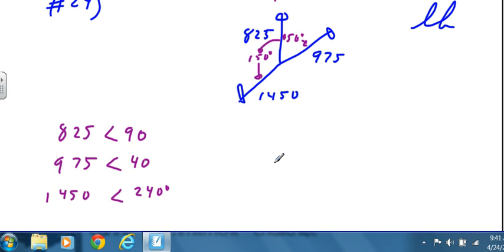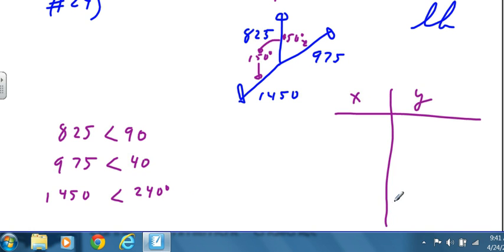Okay, so those are the angles that I have. And then I want to find their x and the y component of each of them and add them together. All right, so 0, 825, and 750 times the cosine of 40.